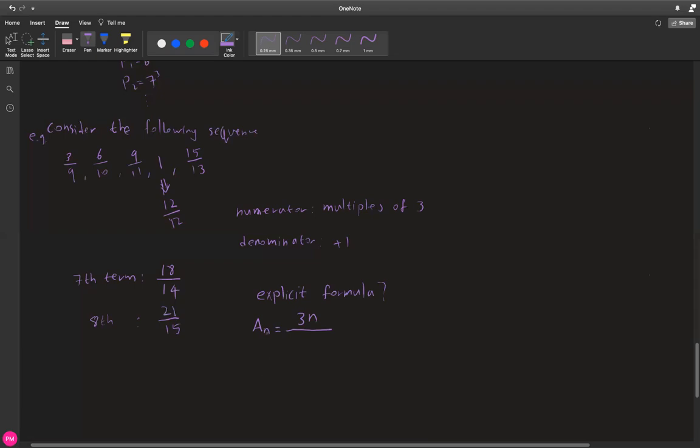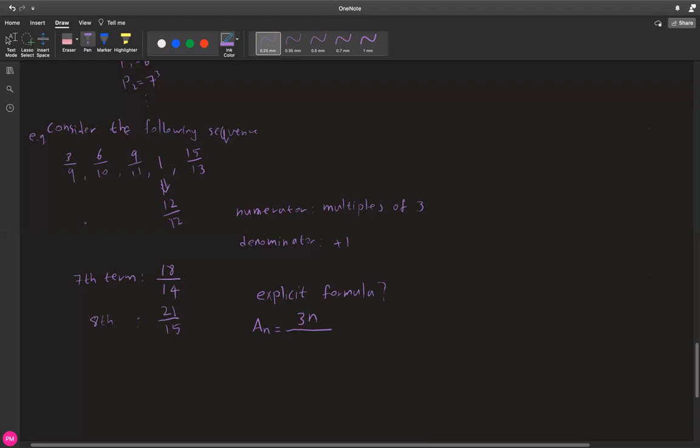That way, if you plug in 1 for n, it becomes 3. If you plug in 2, it becomes 6, 9, 12, 15. But in the denominator, it starts from 9. It doesn't start from 1. So how do you do that?